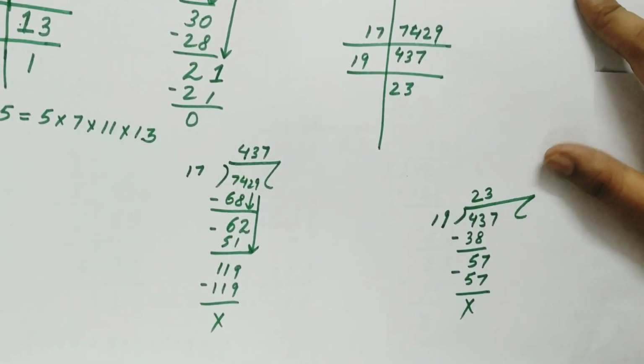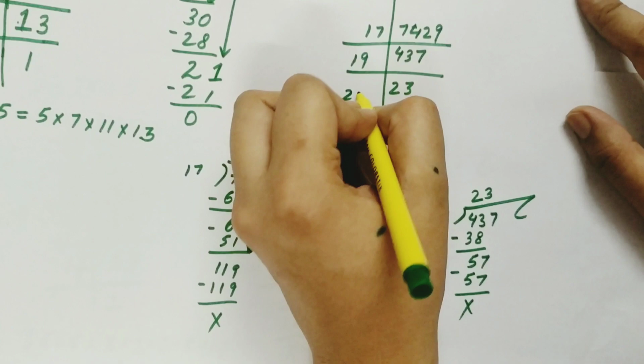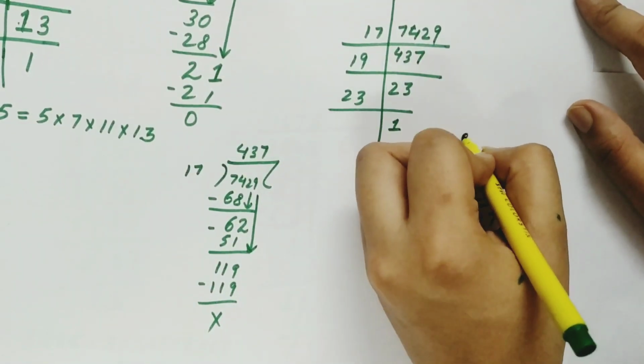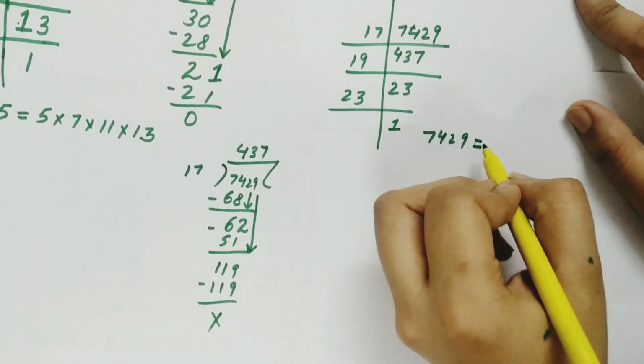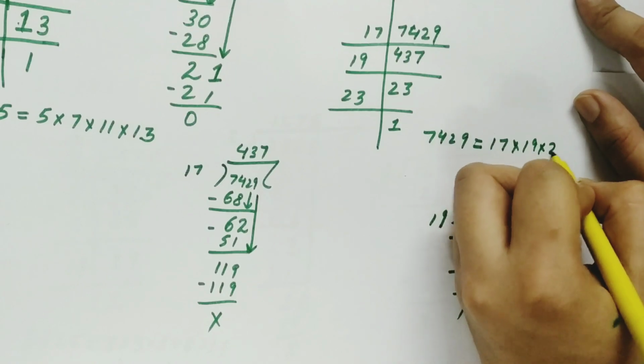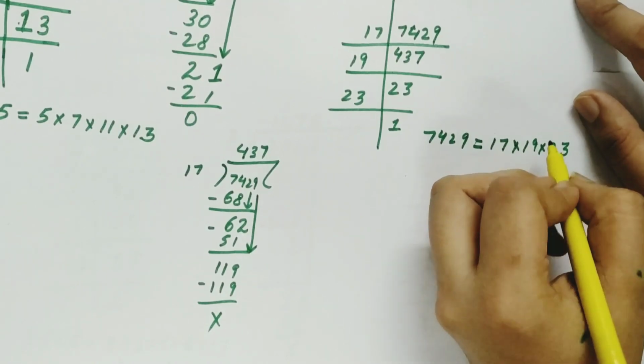And since 23 is a prime number, 7429 can be expressed as 17 multiply 19 multiply 23.